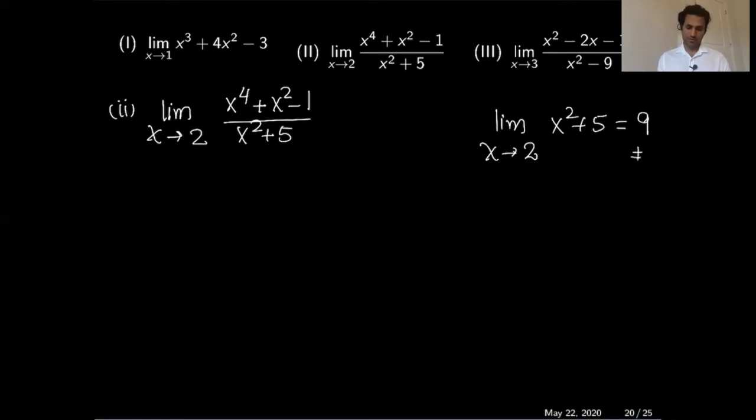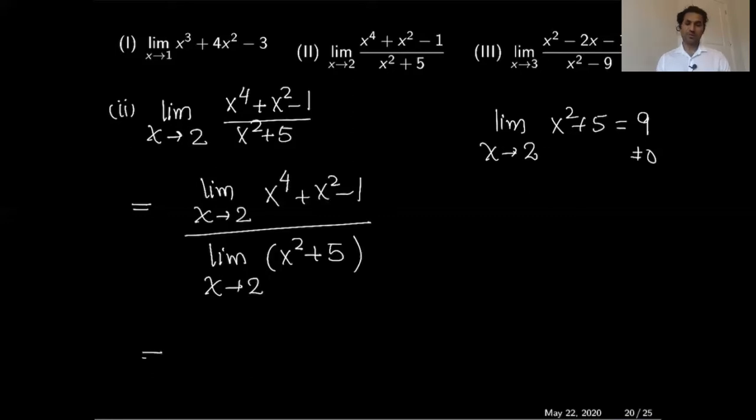It's not equal to 0, so we can use the quotient rule. The quotient rule tells us the limit of the quotient is the quotient of the limits. So now we can use the addition law and power rule on the top and on the bottom to calculate the limit.